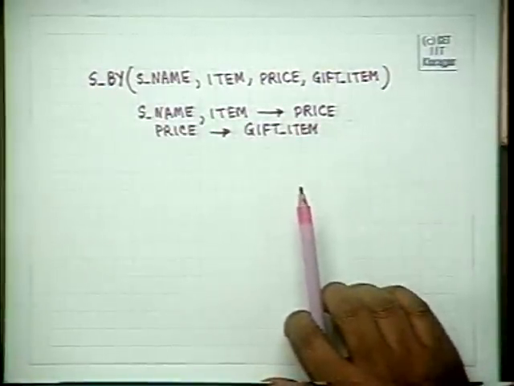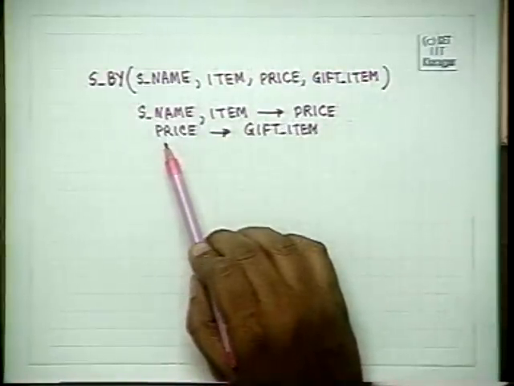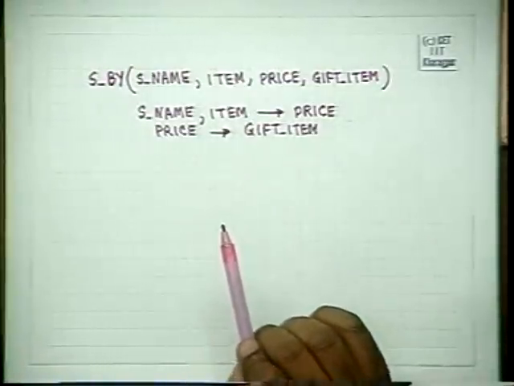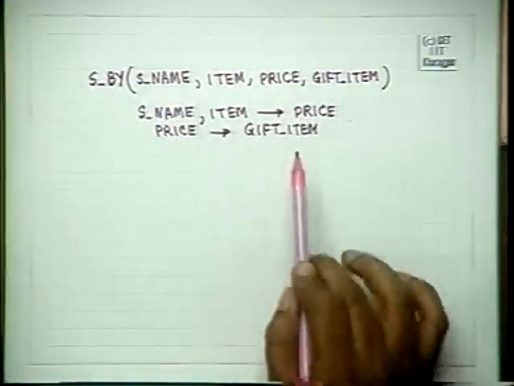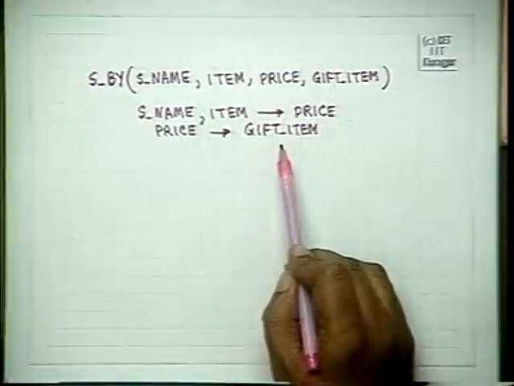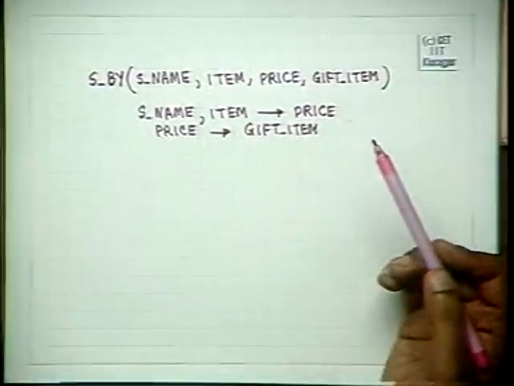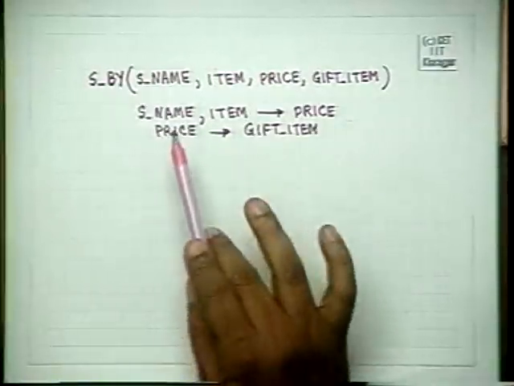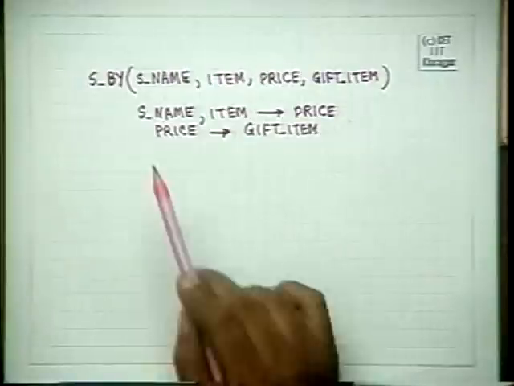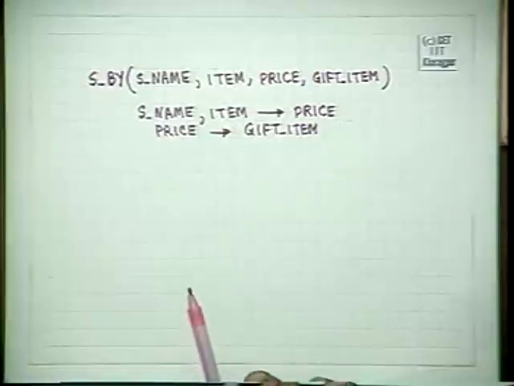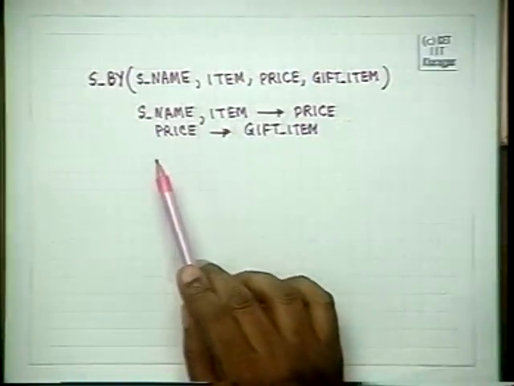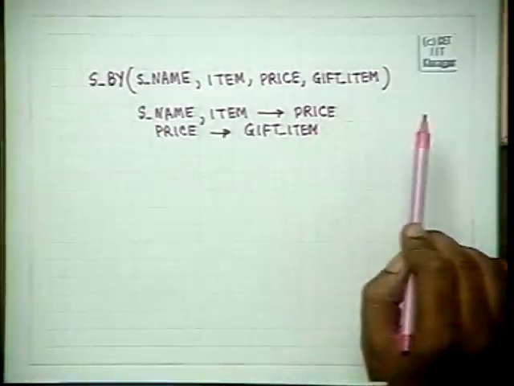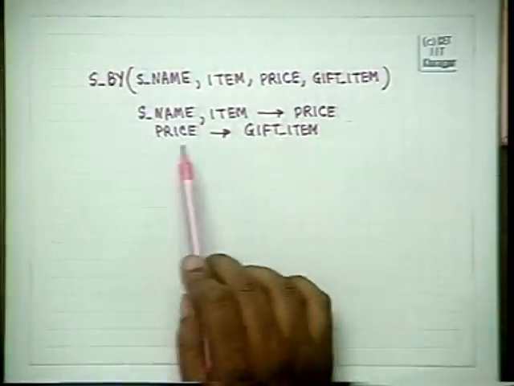The price of that item is fixed. And it also says that for any item of a particular price, there is an associated gift item. If the price is 10 rupees, then the gift item is fixed. That is, you will get a toy, or a sachet of something like shampoo, if you buy an item worth 30 rupees. All items worth 30 rupees have got the same gift item. All items worth 50 rupees have got the same gift item. This does not mean that this supplier with this item and this price will have this gift item. The gift item is only price dependent.